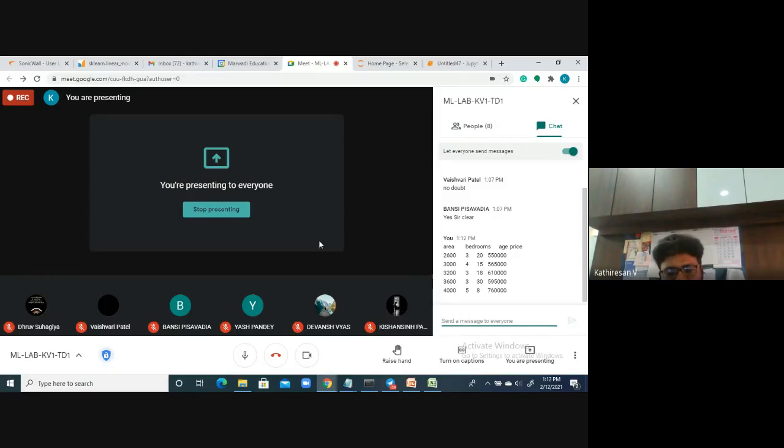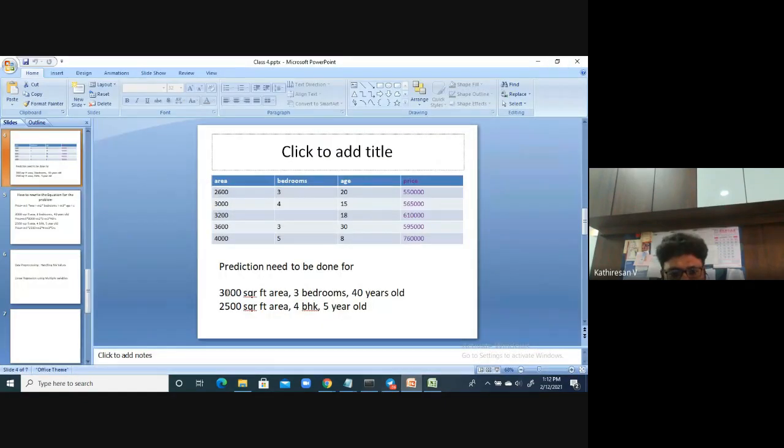Our intention is to find the prediction for 3000 square feet area, 3 bedrooms and 40 years old. The same way, 2500 square feet area, 4 BHK and 5-year-old building.